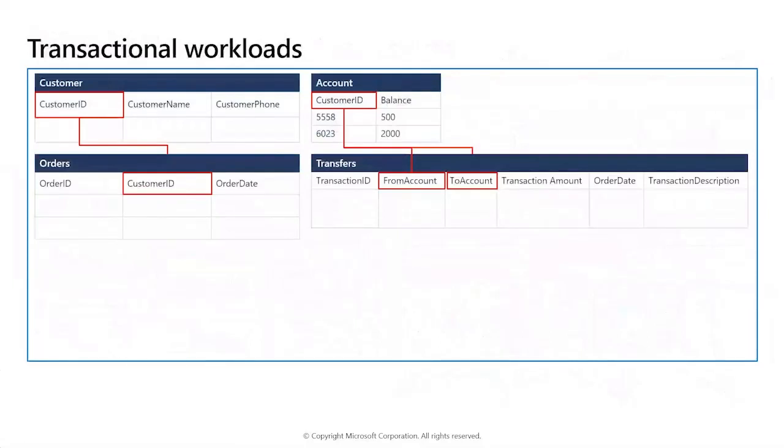To support this fast processing, the data in a transactional system is often divided into pieces. For example, if you're using a relational data system, each table involved in the transaction contains the columns necessary to perform that transactional task.